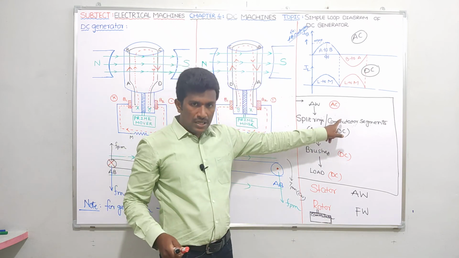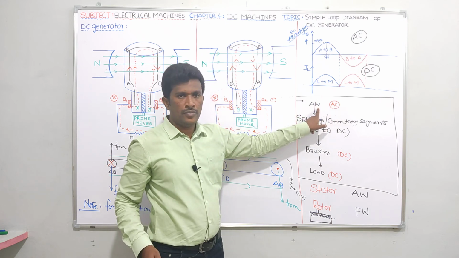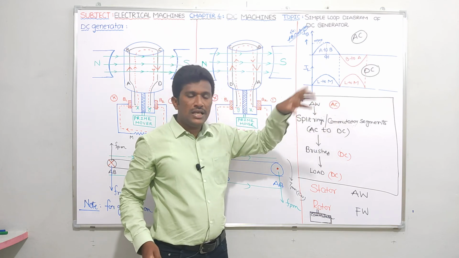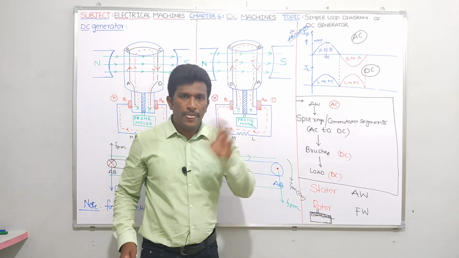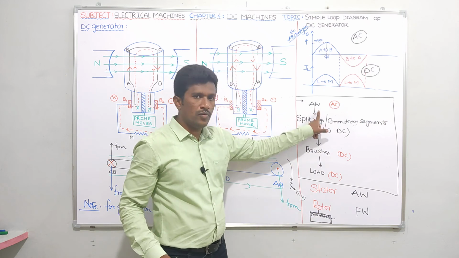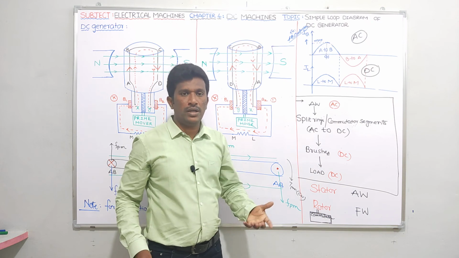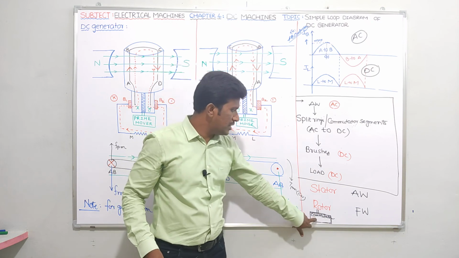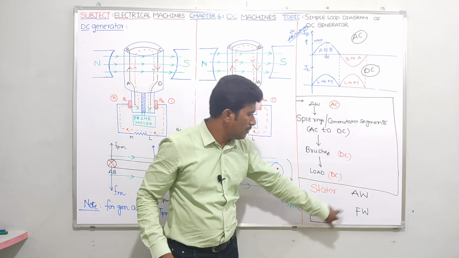I told it converts AC, which is induced in the armature winding, to DC. That means commutator is having some function with armature winding.